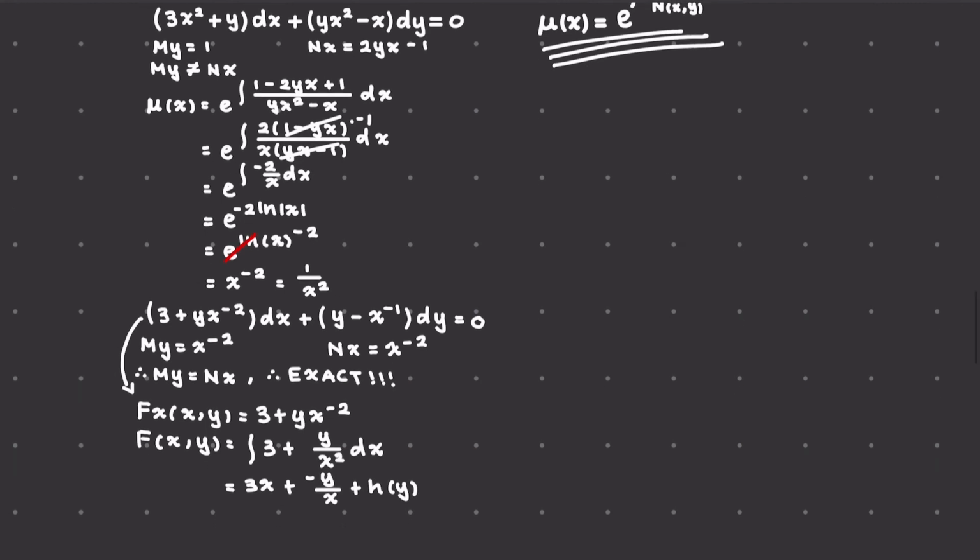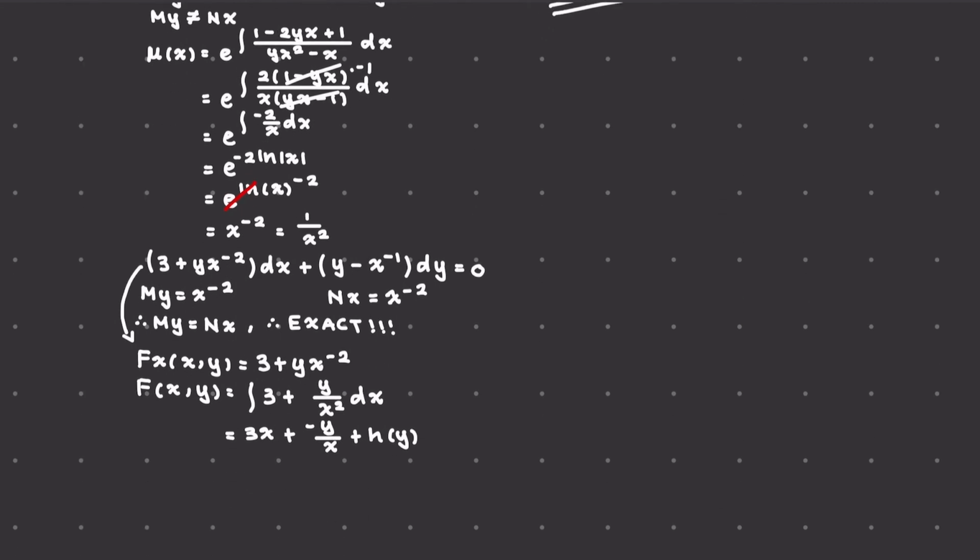And from here, we're going to take the partial derivative of the f that we've got with respect to y, which is fy equals 3x becomes 0, −y over x becomes −1 over x, and h of y becomes h'(y), the derivative of h.